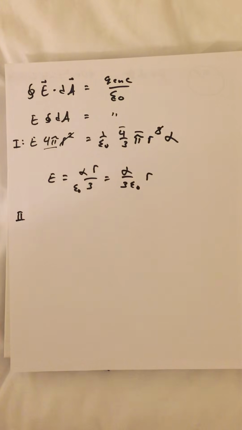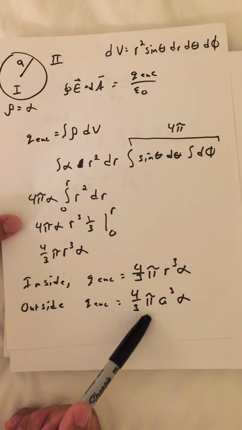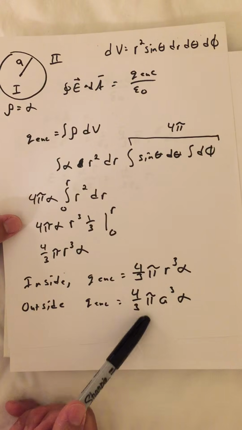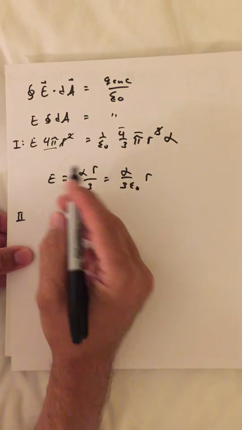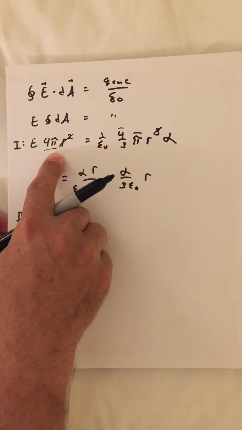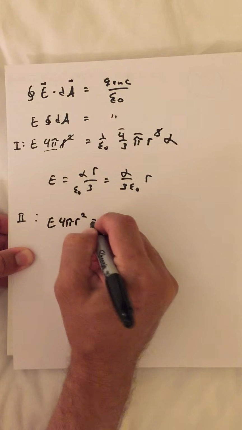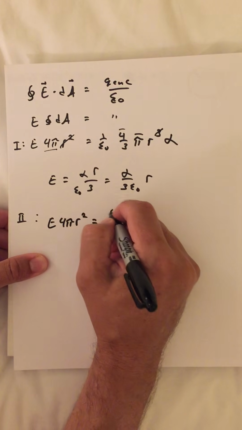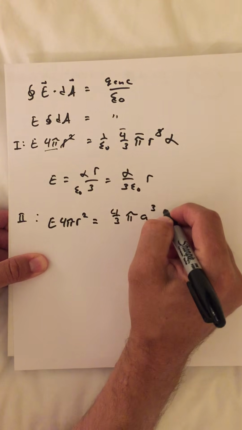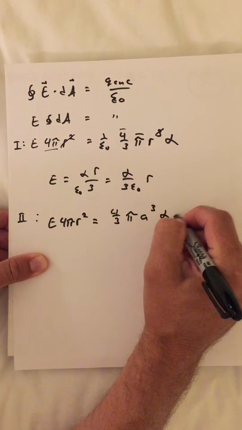Let's evaluate region 2 outside the sphere. For region 2, as a reminder, I've enclosed all the charge that I'm going to be able to enclose, 4/3 pi a cubed alpha. So let's do this. Region 2. Left-hand side is still going to evaluate as this, E times 4 pi r squared, is equal to 4/3 pi a cubed alpha, and all of that is over epsilon naught.